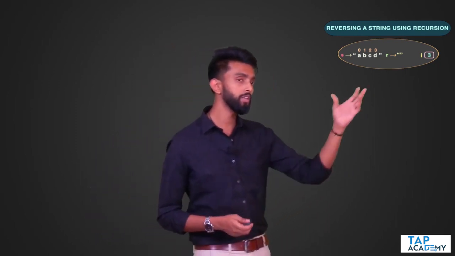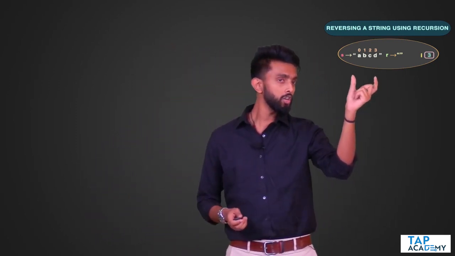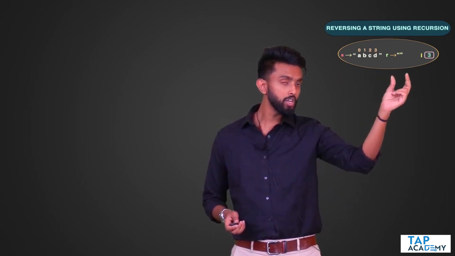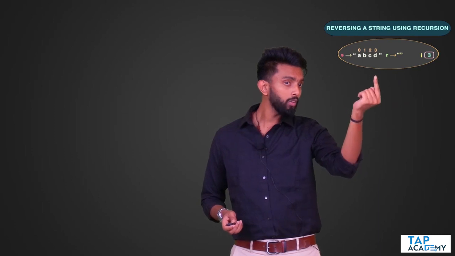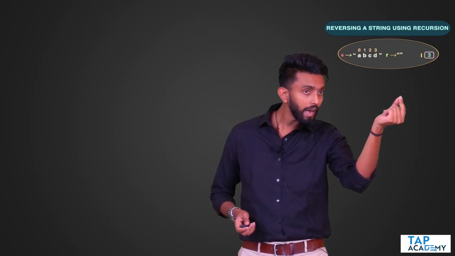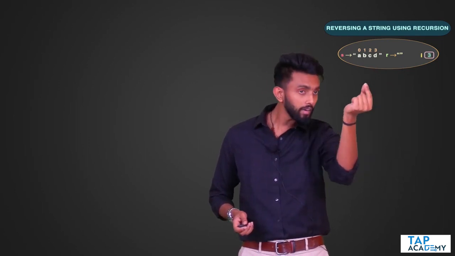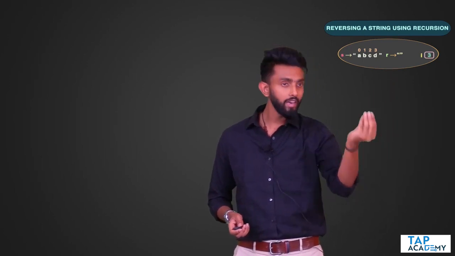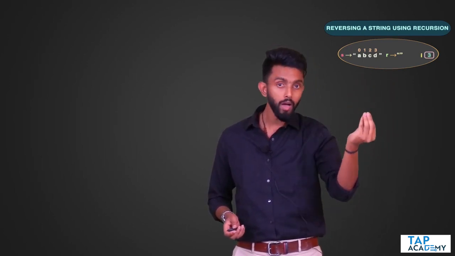Now how I will be solving this recursively is very simple, guys. Right now my string is ABCD. When I call this function again, initially the string is S and the empty string is R, but I would like to take the character present at the ith position and concatenate it with R. When I call the function again, this string is immutable, so I have to pass the same string.